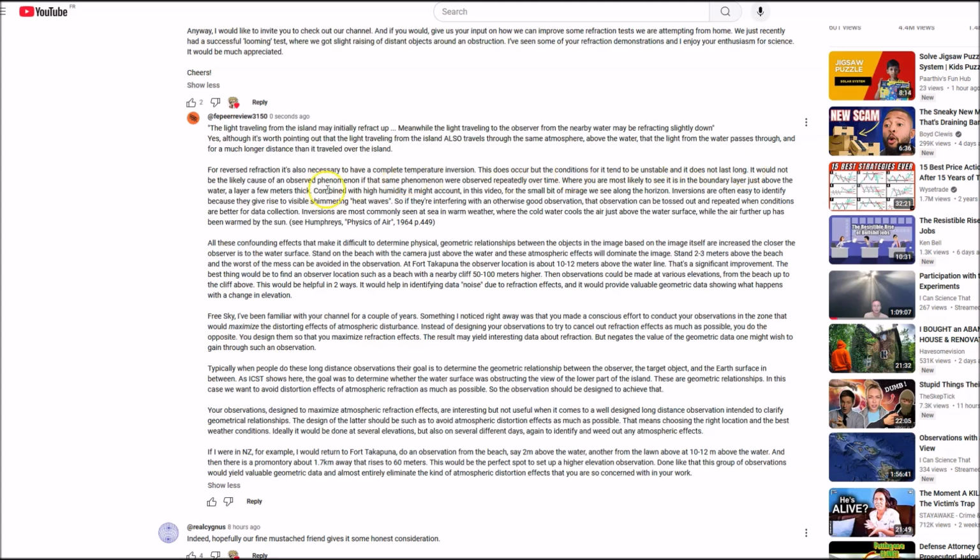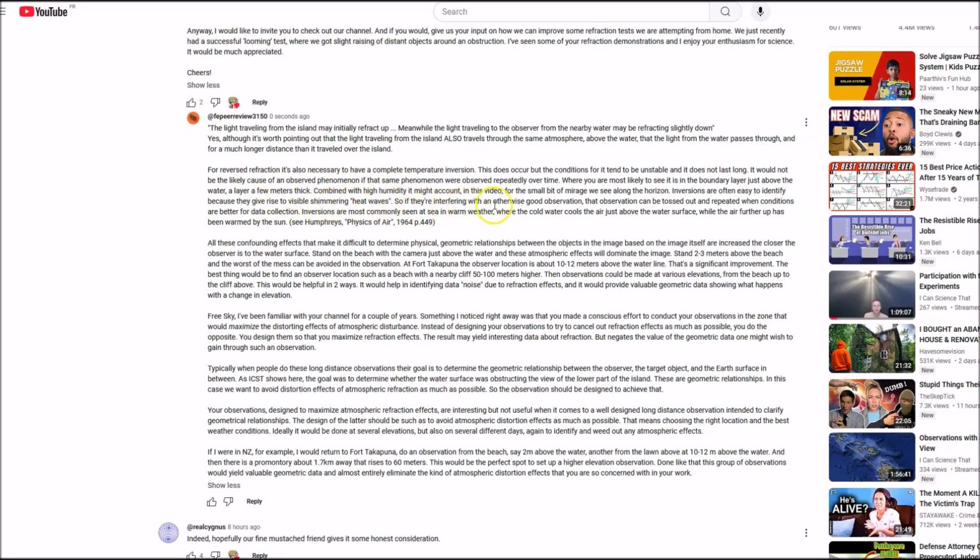It would not be the likely cause of an observed phenomenon if that same phenomenon were observed repeatedly over time. Where you are most likely to see it is in the boundary layer just above the water, a layer a few meters thick. Combined with high humidity, it might account, in this video, for the small bit of mirage we see along the horizon. Inversions are easy to identify because they give rise to the visible shimmering, quote, heat waves.